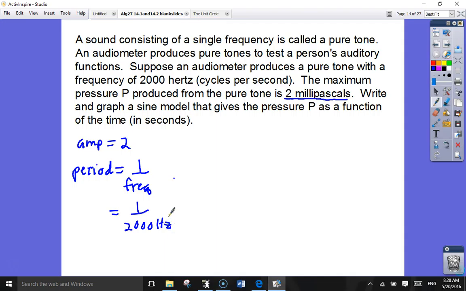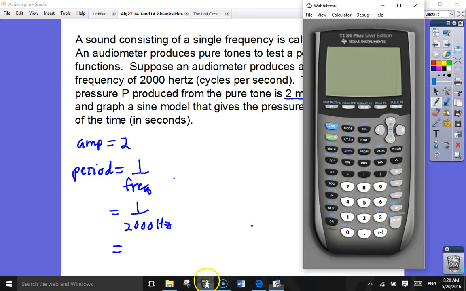Right, so cycles per second, so this will be seconds per cycle. And that is going to be a pretty small number. In this case, 1 divided by 2,000. Let me do it here.